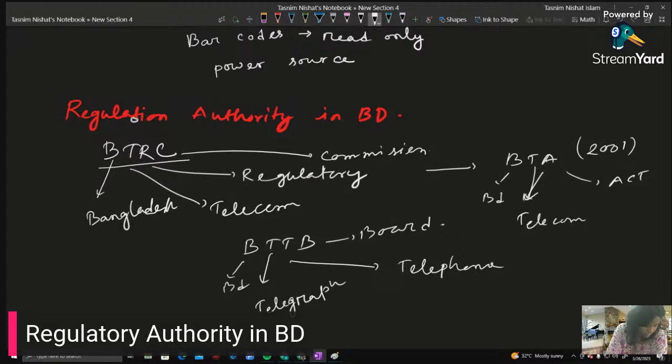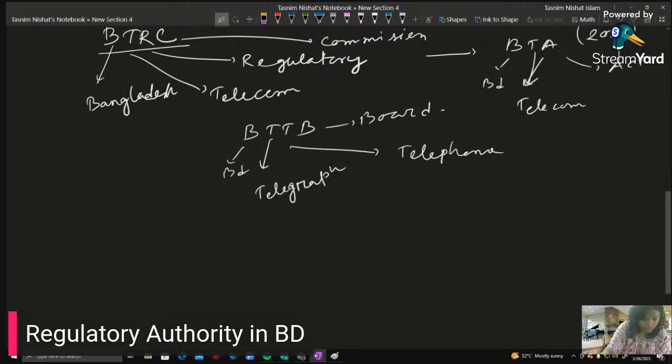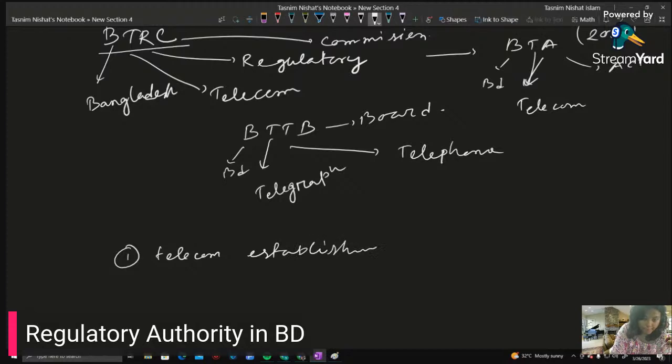So we have some functions for BTRC as well, which are telecom establishments, operation, and level of healthy competition.